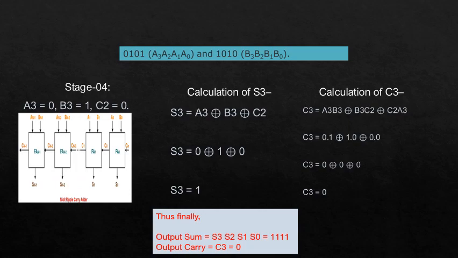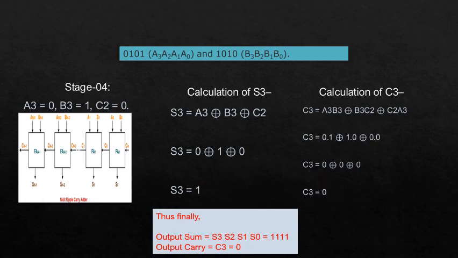When we go to stage 4, when C2 is fed as input to the full adder D, it activates the full adder D. Then at full adder D, A3 is equal to 0 and B3 is equal to 1. Full adder D computes the sum bit and carry bit as S3 equal to 1 and C3 equal to 0.